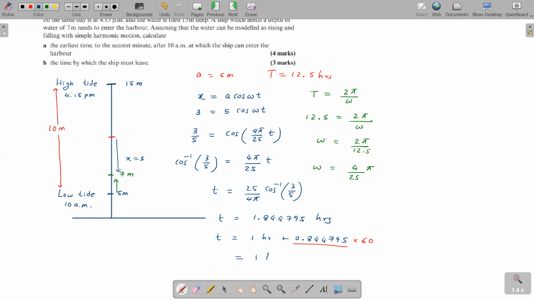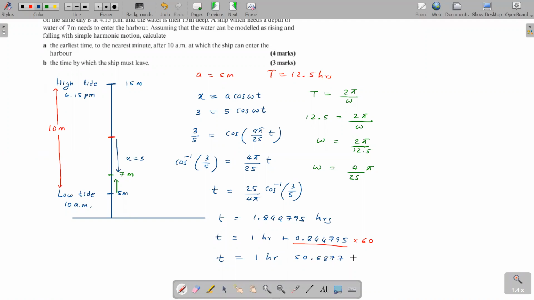So how much is it? You have here the time taken is 1 hour and, can I know the answer, 0.844795 into 60, it is 50.6877.